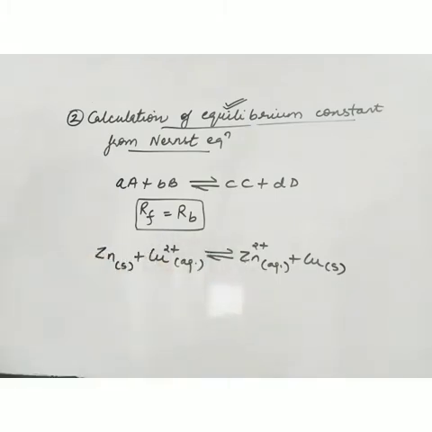And whenever the cell comes in equilibrium condition, the EMF of cell or E cell becomes 0. Means your voltmeter will give a 0 reading. It means the cell will not work. The cell is not working. So whenever equilibrium comes in a galvanic cell or electrochemical cell, the EMF becomes 0. The cell stops working.